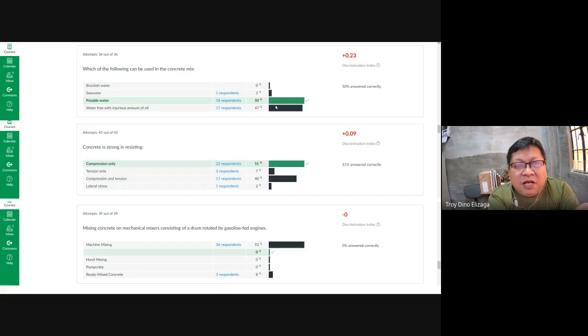Therefore, what I'll do now is, if you notice here, it says 17 respondents for the water free with injurious amount of oil. So I can identify who answered, and then I can give additional points. It will be in my class record where I'll make the adjustment, not in the Canvas.